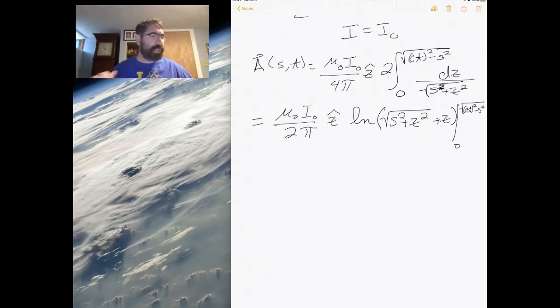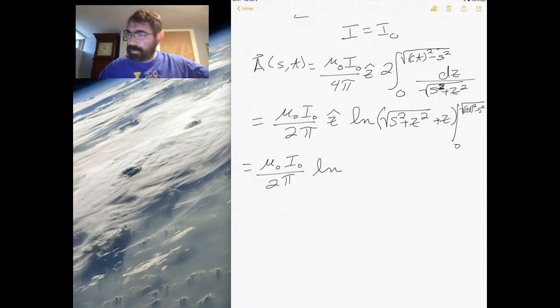So now if we apply the limits, then what we get is mu naught I naught over 2 pi, the natural log of, if I put in the limits for z, I would get s squared plus (ct) squared minus s squared, plus the square root of ct squared minus s squared.